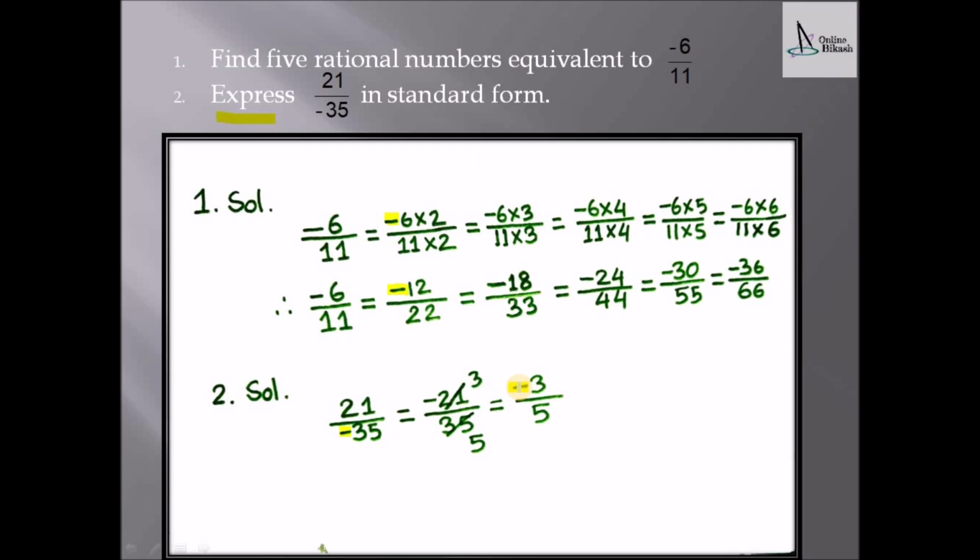And in the case of one student, I found he actually did it correctly, but he put the minus sign here. He did not make the denominator positive. That is his mistake. So the right answer is minus 3 by 5. Okay, hope you have understood.